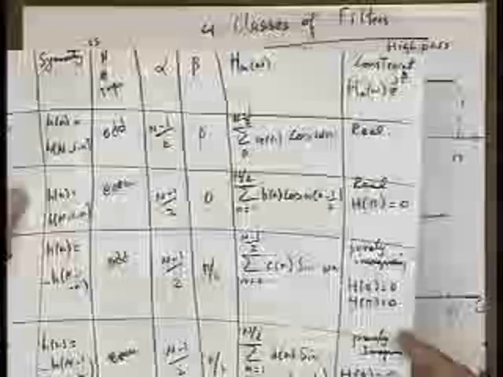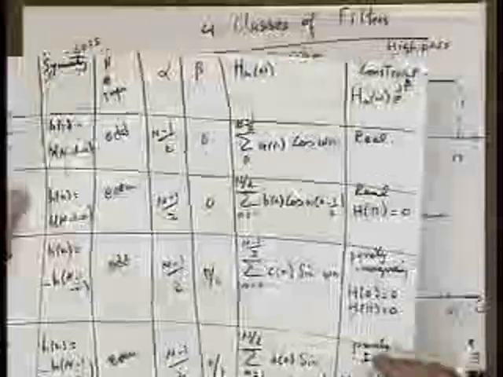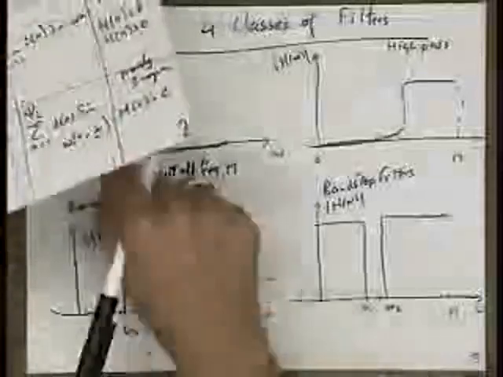Now, looking at this list of filters here, what can we say about the applicability of these type 1, type 2, type 3, type 4s to these 4 classes? Look at type 1. Does it have any constraints?